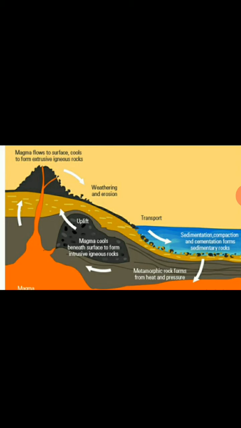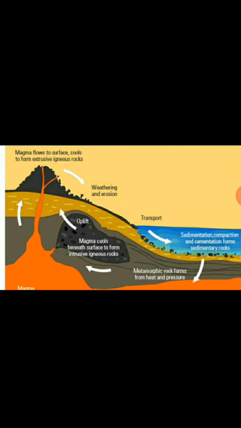So here our topic, types of rocks, is over. Now the mineral part is left, that we will see in tomorrow's lecture. Okay children, you have to read that topic properly and understand the types of rocks. So here we saw three major types of rocks: igneous, sedimentary, metamorphic.